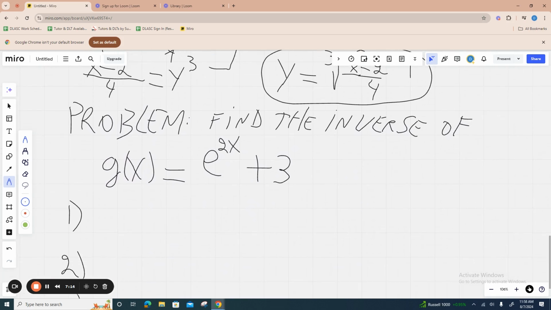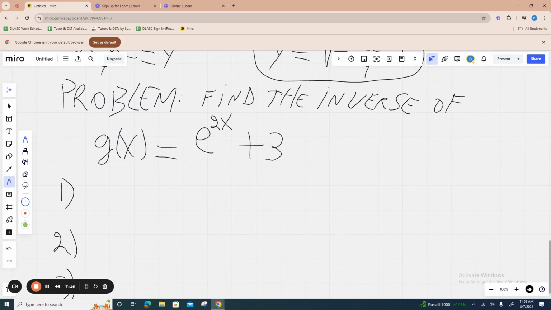Now we're going to get to exponents and logarithms, which you study towards the end of algebra. And we're going to do an example with g of x equals e to the 2x plus 3. So our first step, again, I did my y right this time, is y equals e to the 2x plus 3.